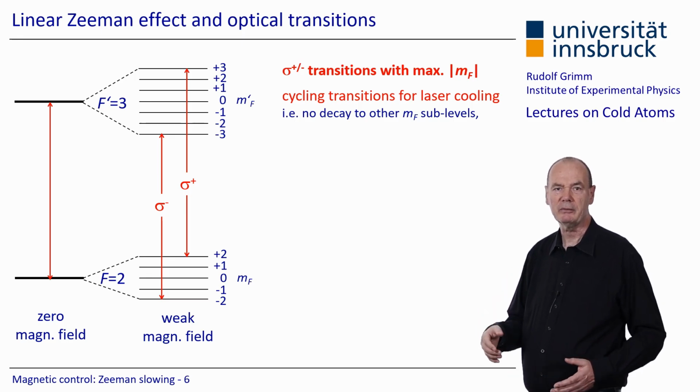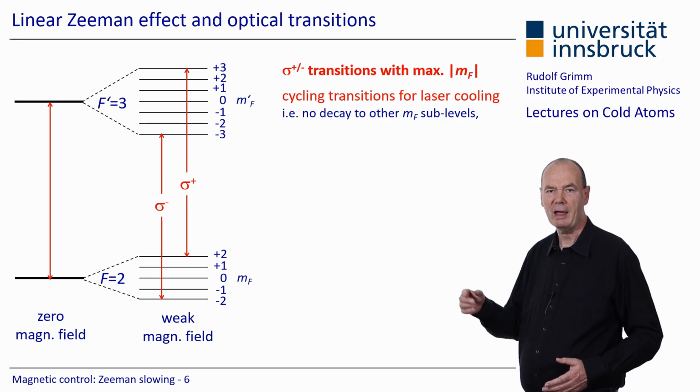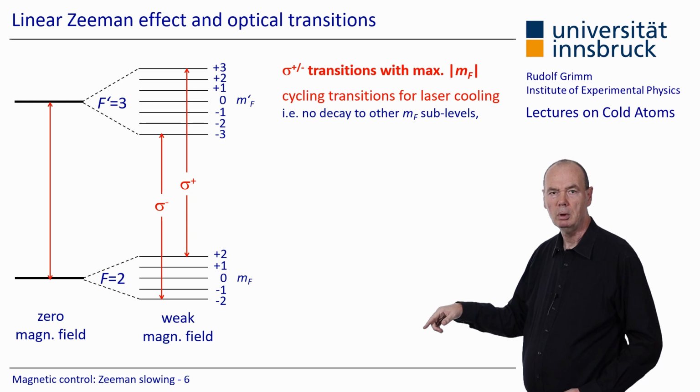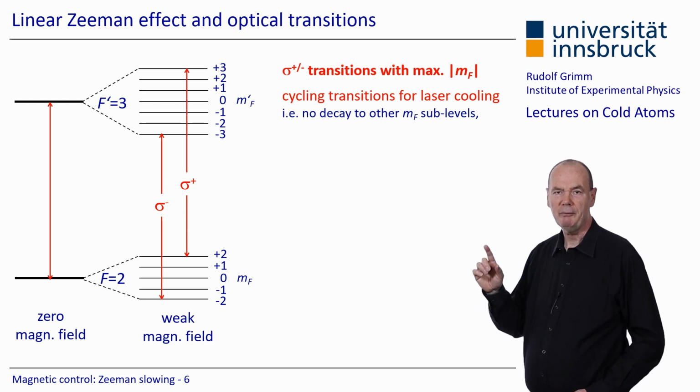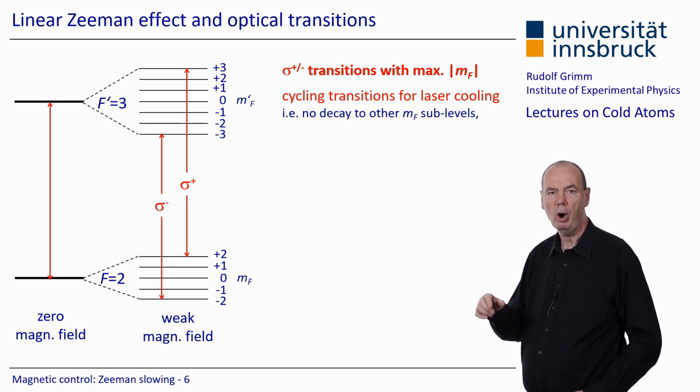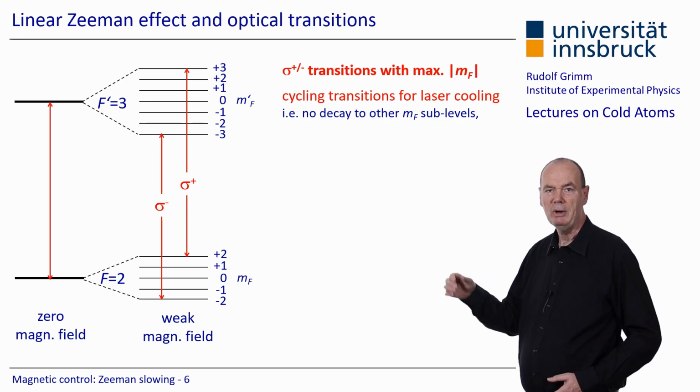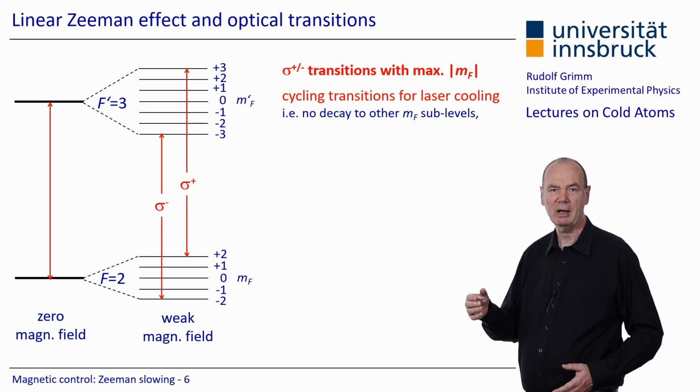We have already discussed that from an excited state with F prime equals 3, an atom can only decay into F equals 2. But this is not a perfect solution because of off-resonant excitations and pumping processes to other hyperfine levels. With sigma light, as indicated here, we have an additional reason why the atoms cannot leave the cycling process.